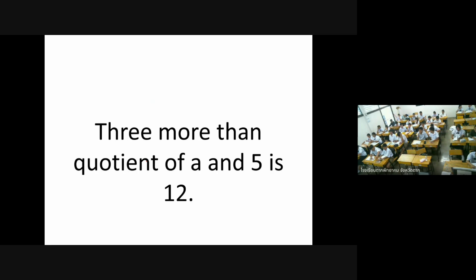How about this one? 3 more than the quotient of a and 5 is 12. 3 means 3. More than means add. Remember, more than is like less than, you're going to switch. But since it's addition, you don't actually need to. But let's just follow it. More than, plus.